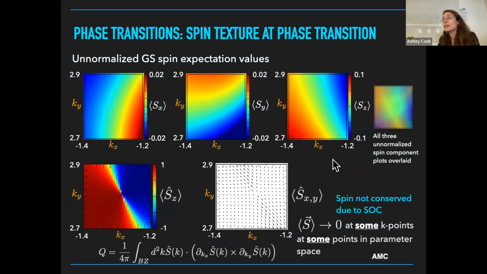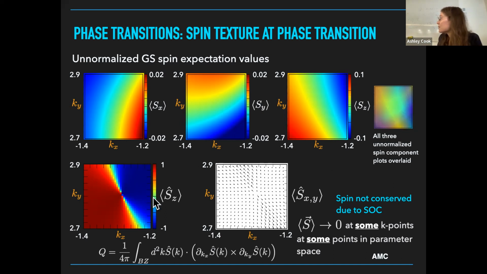To understand better what's going on in this case, we can zoom in on those little patches of the Brillouin zone in the vicinity of the topological phase transition, and plot the unnormalized ground state spin expectation value texture. So this is the SX, SY, and SZ components. Each of them is passing through 0 here. And actually, if you overlay them, there is a region where they all appear to have gone to 0 at the same point.